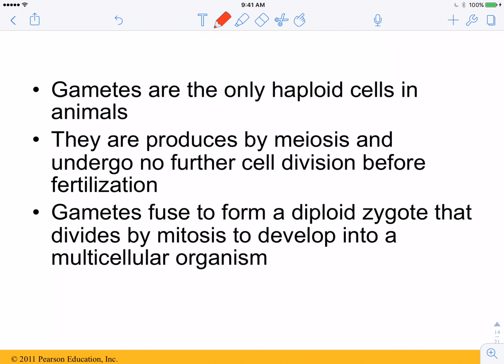In animals, gametes are the only haploid cells. They are produced by meiosis, and they don't divide at all before fertilization. Then the gametes fuse to form a diploid zygote that divides via mitosis to form a multicellular organism.